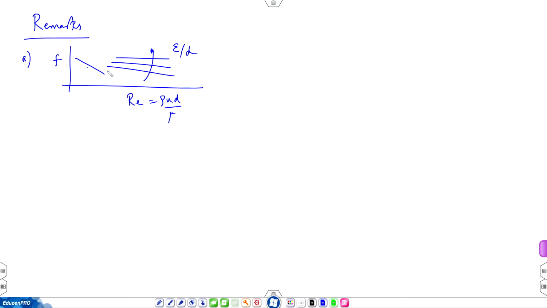You can ask, why is there a jump here? You can ask, why does this curve tend to become flat with increasing epsilon over d? So, these questions cannot be answered in the global framework. For that, you have to go into a local analysis, a local description of the flow field. So, this global versus local.